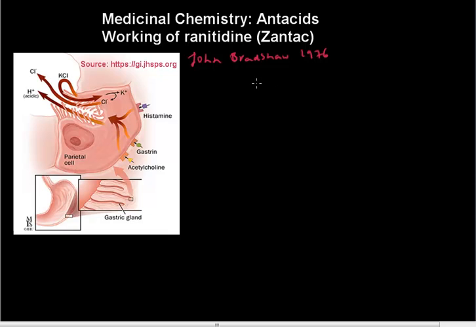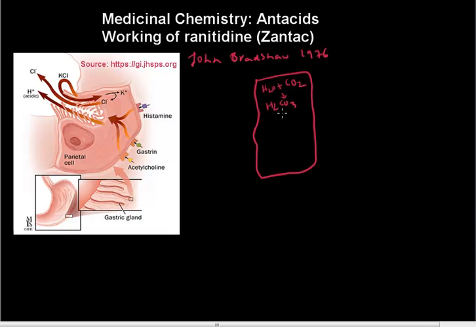So let us take a look and understand how hydrochloric acid is produced. Let's say that's my parietal cell. Excuse my drawing. Once these three chemicals, histamine, gastrin, acetylcholine, bind to the outer surface of the parietal cell, a series of reactions happen inside the parietal cell. The first thing that happens is water and carbon dioxide combine to produce carbonic acid.